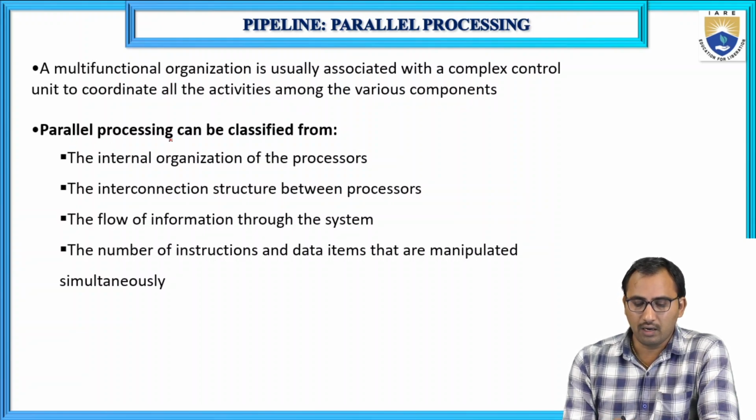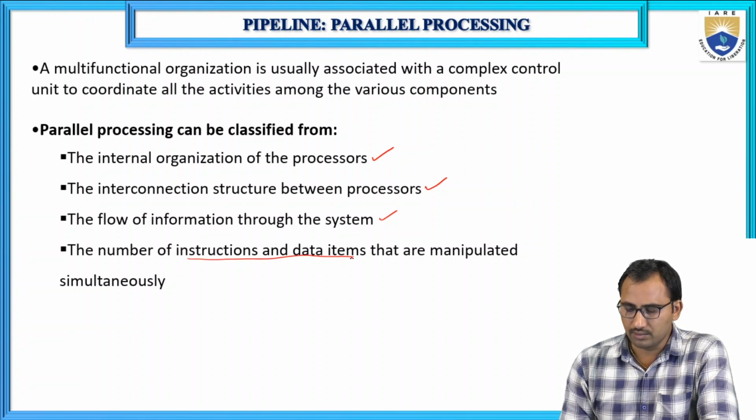The parallel processing can be classified from the internal organization of the processors, the interconnection structure between processors, the flow of information through the system, and the number of instructions and data items that are manipulated simultaneously.